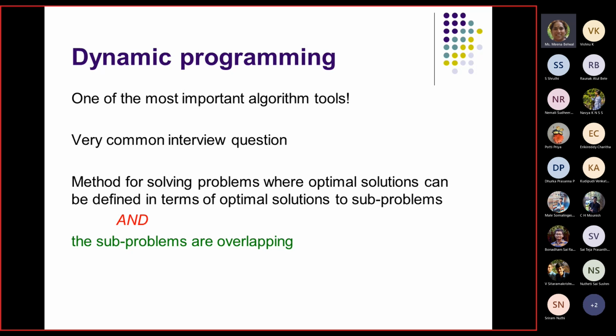But the next question is, you were doing the same thing with divide and conquer techniques also, right? In divide and conquer also, we were dividing the problem into sub-problems, solving them, and then merging the solutions.